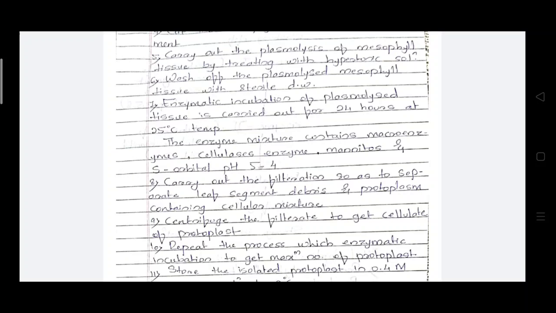Enzymatic incubation of the plasmolysed tissue is carried out for 24 hours at 25 degrees centigrade. The enzyme mixture contains macerozyme, cellulase enzymes, mannitol, and sorbitol at pH 5.4.